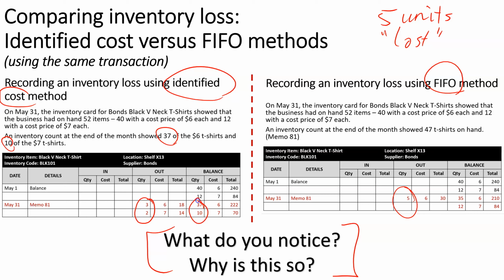So we know what this balance is going to look like, and we simply need to adjust it for the specific items. Under FIFO, we don't know which items, we simply know that in total there were 47 units on hand. So it's gone from 52 to 47. Therefore, we apply the FIFO rules, or the FIFO assumption, that the oldest stock is assumed to be lost first.